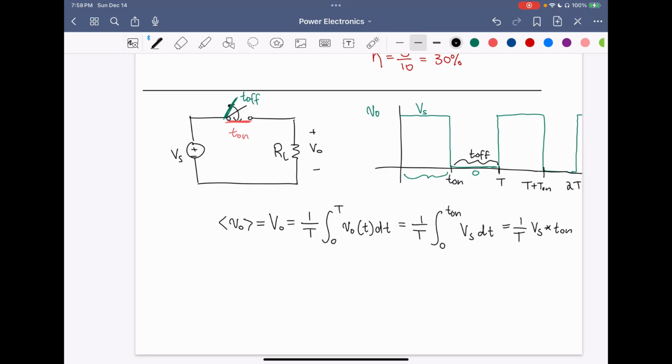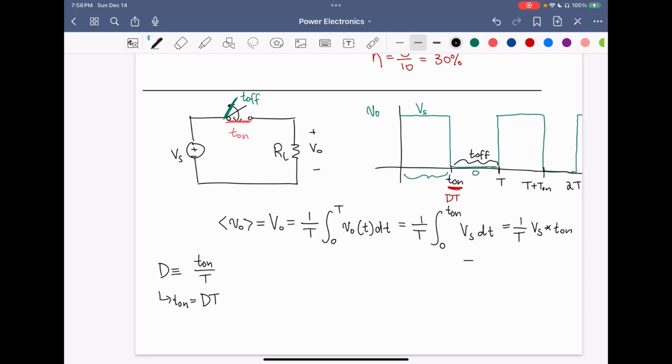Now we're going to use another definition here, and that is the duty cycle D is equal to T on over T. This is simply the fraction of the period in which the switch is turned on, and that fraction is defined as the duty cycle D. So that means T on equals DT.